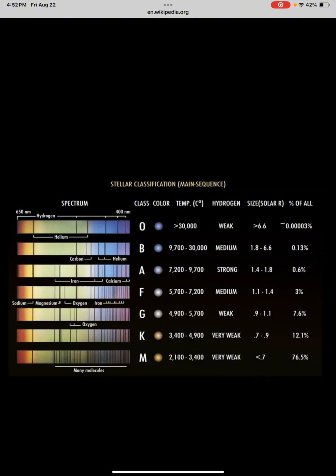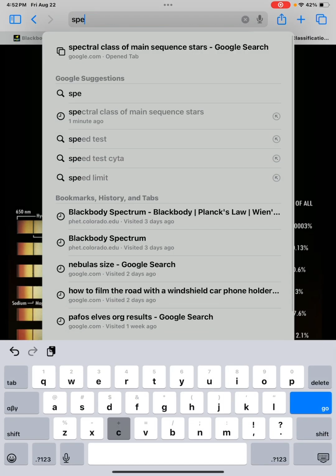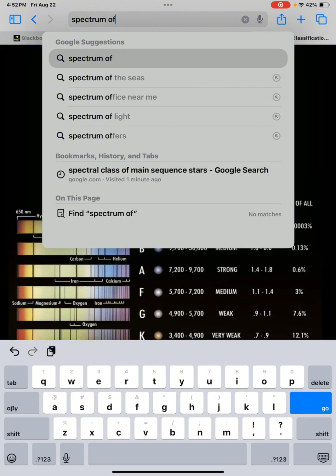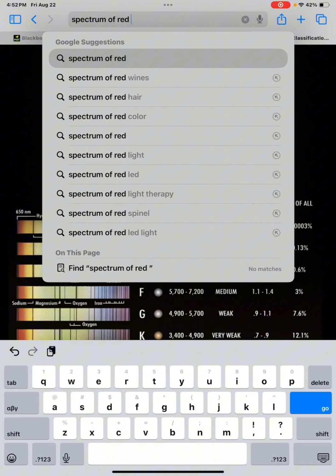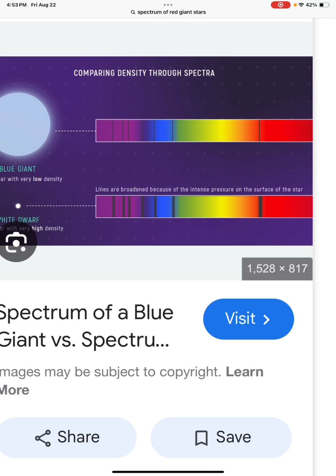Okay, so the temperature can be determined, as we said, from Wien's law and the peak lambda, and then you have to look into the spectrum you receive from that star, and it has to look something like this. Let's compare it to the spectrum of red giant stars. Okay, so this is what we mean. This is the spectrum of a white dwarf on the bottom, and you see how the spectral lines are widened because of intense pressure on the surface of the star.